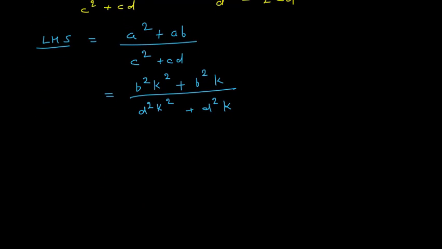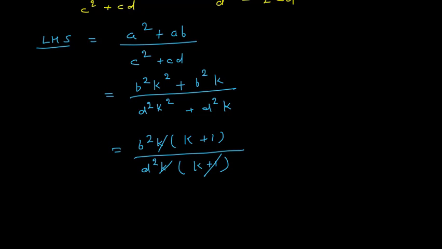Okay, now B square into K you can take common, so here you are left with K and you are left with 1 here. Similarly here you can take D square into K common and you have K plus 1. Now this K and K you can cancel, this K plus 1 and K plus 1 you can cancel, and your result is B square upon D square. So this is your first equation.